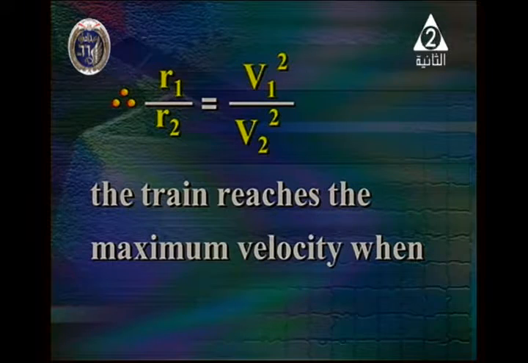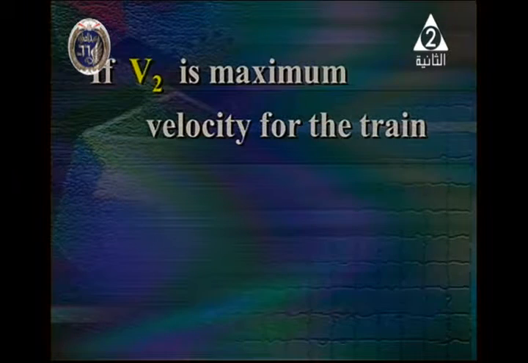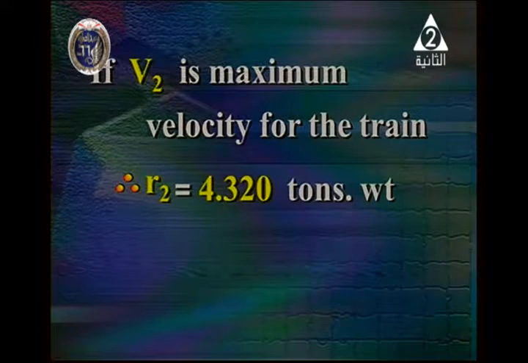The train reaches the maximum velocity when the resistance is completely equal to the force of pulling the train. What you mean? V2 is the maximum velocity for the train, therefore R2 is 4.320 ton weight.